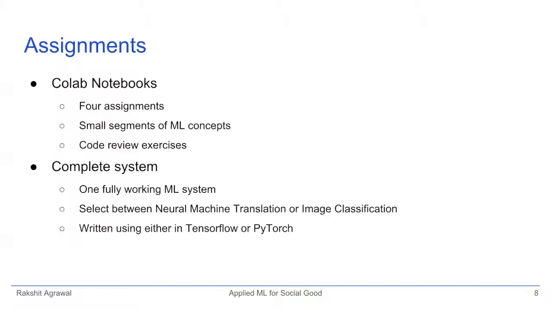Next is assignments. There are two kinds of assignments. One is Colab notebooks. Has anyone used Colab notebooks? Okay. Colab notebooks are IPython notebooks, which means that you have an interactive interface for writing Python code, where you can write the code, run it, and see the results right there, and it retains that.